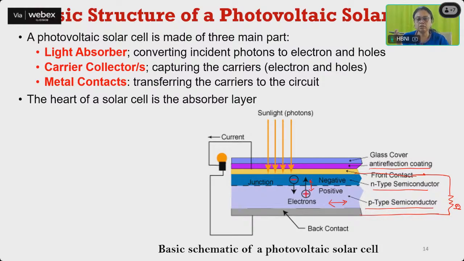Reflection losses can be minimized by using an anti-reflective coating. And for passivation, we have a glass cover. So this is the basic schematic of a photovoltaic solar cell, and the current flows between the front contact and the back contact.